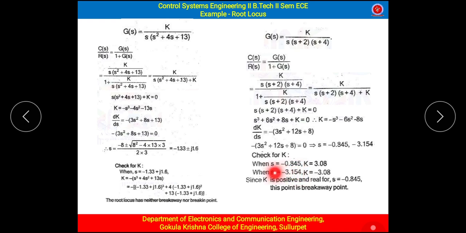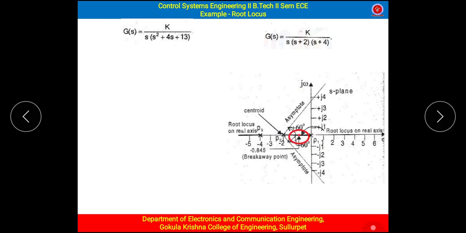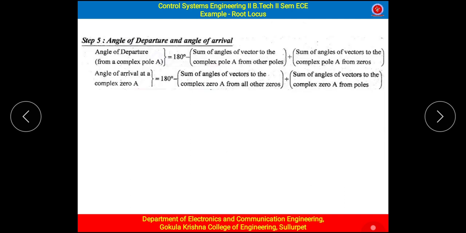What is the value of s at that particular point? s is equal to minus 0.845. So this is the breakaway point. We just locate that particular point here. So this is step 4. Next, coming to step 5, angle of departure and angle of arrival.